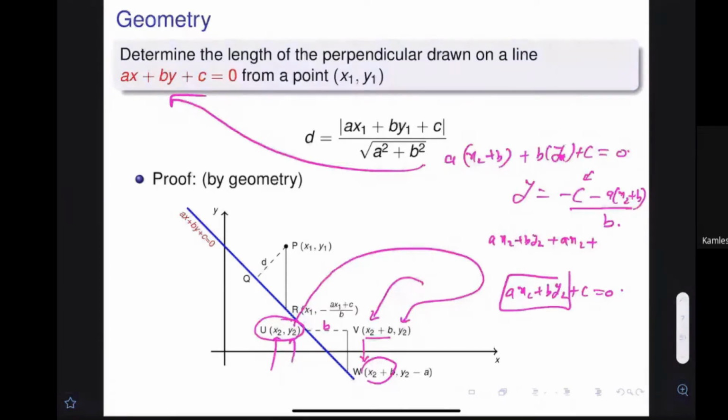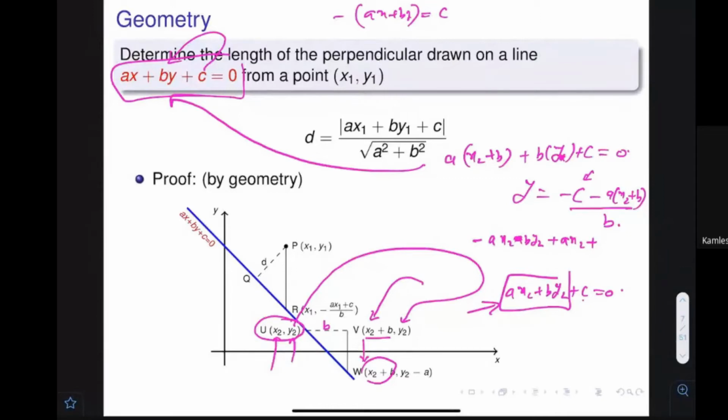If I want to find the value of c from this particular formula, it is going to be the negative of all these things. ax plus by, c is equal to minus of this quantity, so I have to put negative. Therefore, in this equation, when I put x2, y2, it is minus of this and minus of this. Now everything is fine.